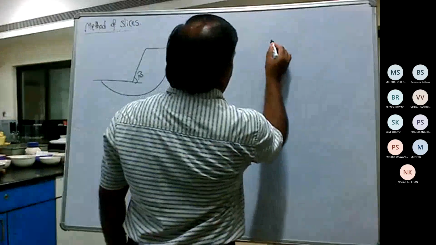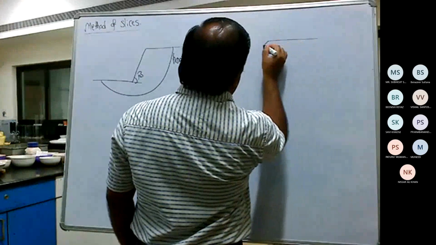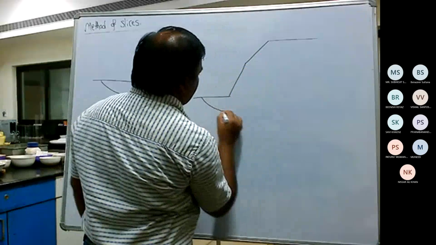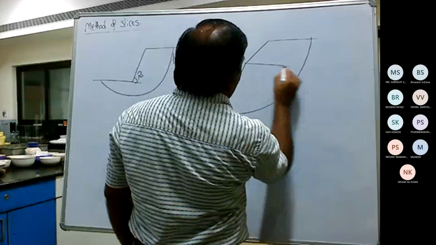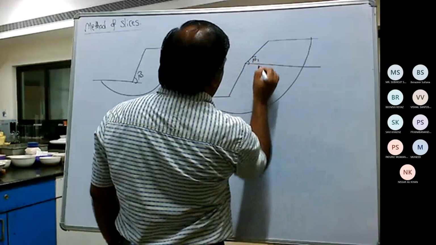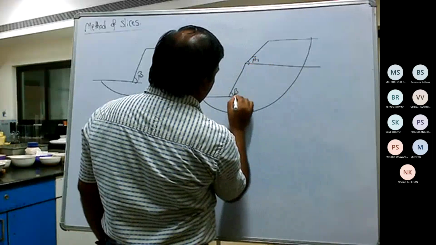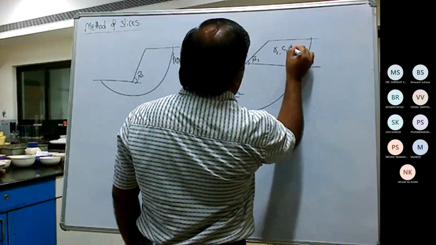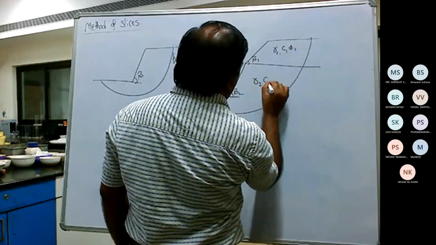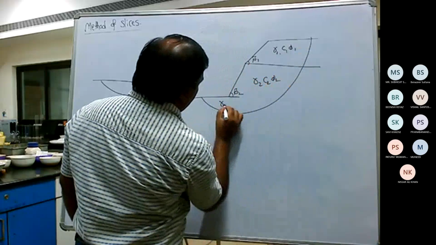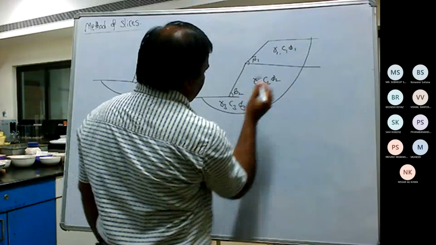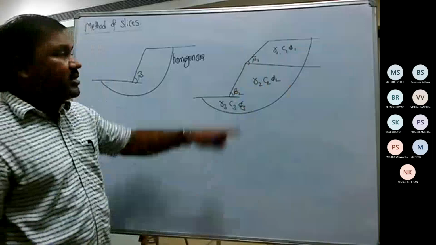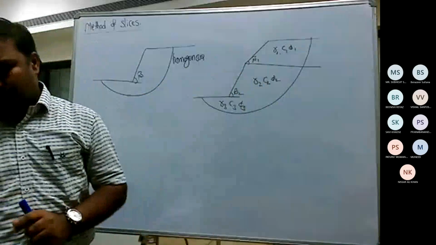On the other hand, what if my slope angle is different? Say there is one angle, and there is another angle. Say this is my surface, this is beta 1 while this is beta 2, and the properties are gamma 1, C1 and phi 1, gamma 2, C2, phi 2, and gamma 3, C3 and phi 3, where the soil is non-homogeneous as well as the slope angle is not uniform.